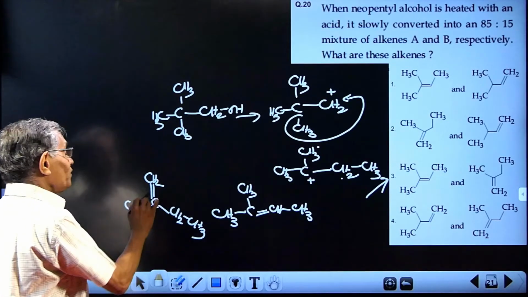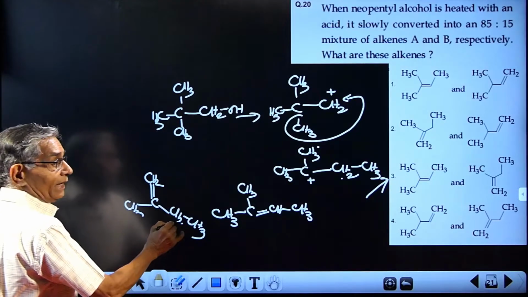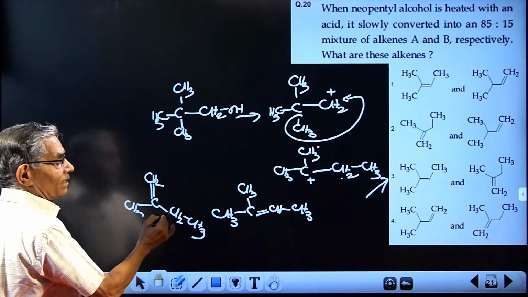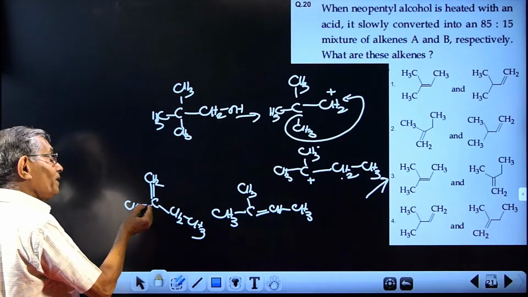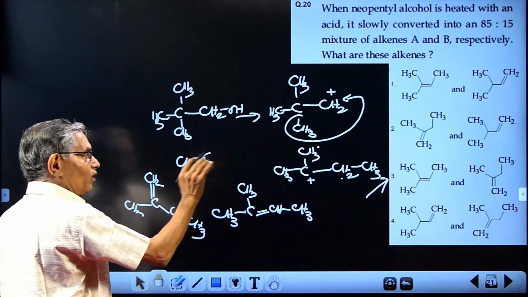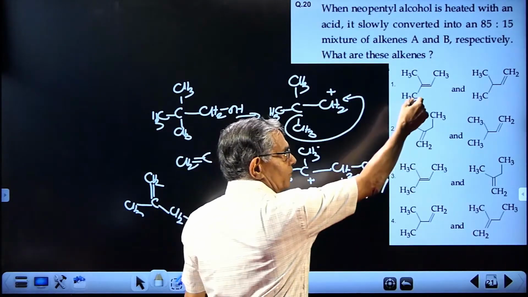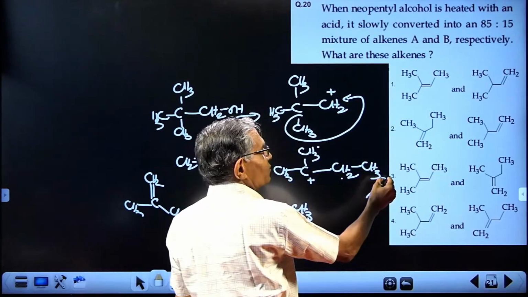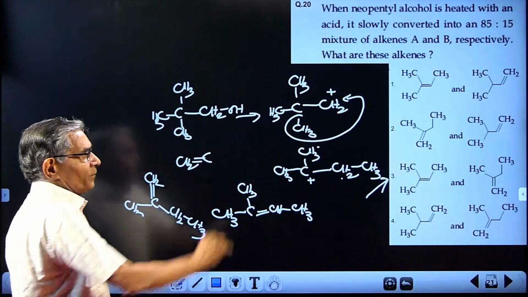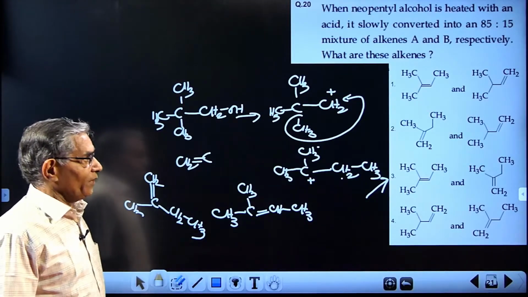CH2 double bond C with methyl and ethyl combination. If there is CH2 formation, the next carbon will not have a CH anywhere. So the answer you have to select by looking at all the structures. The answer is 3. The reason being, a shift of methyl is possible to stabilize the carbocation.